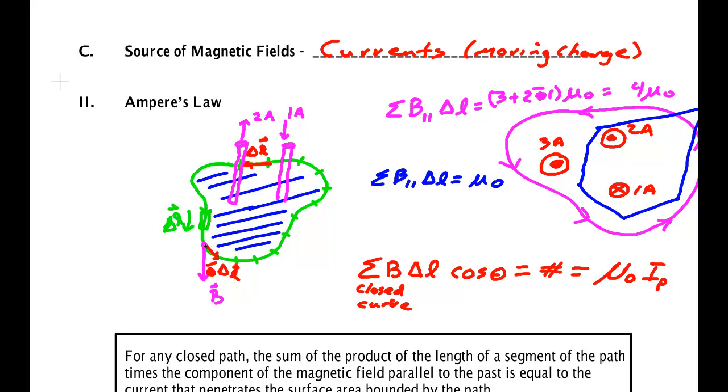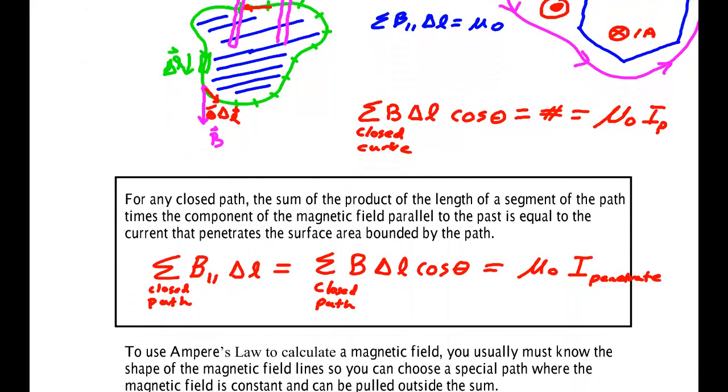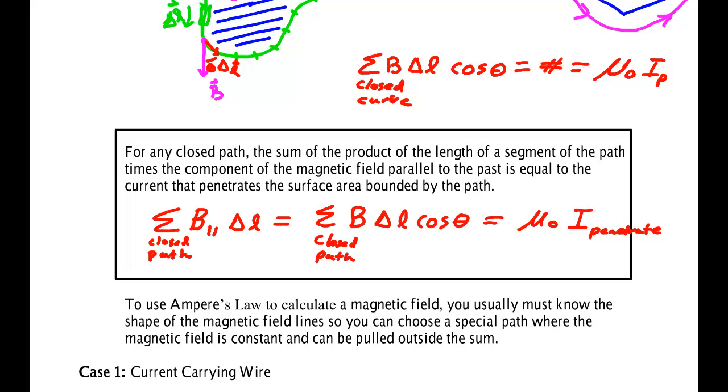So, if I have a system of special symmetry in which I know the shape of the field lines, Ampere's law can be used to find the B field. In that special case, B times the length L is equal to mu naught times I P.